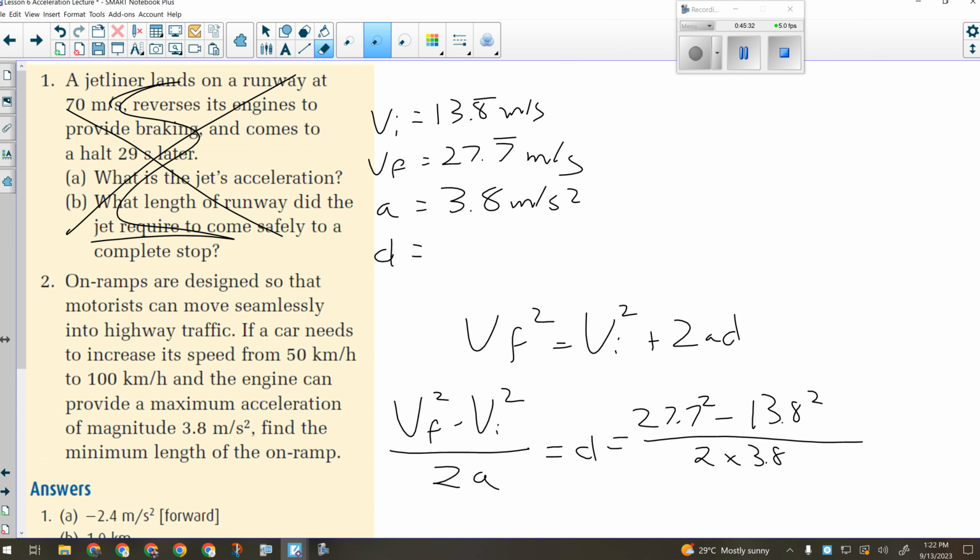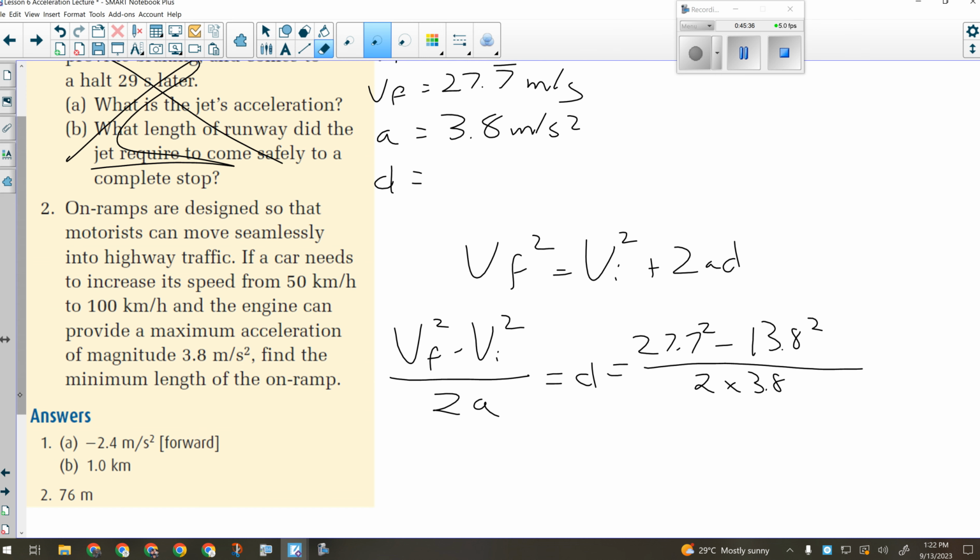So when we do that, we should end up with about 1 kilometer? No, sorry, 76 meters, wrong one.